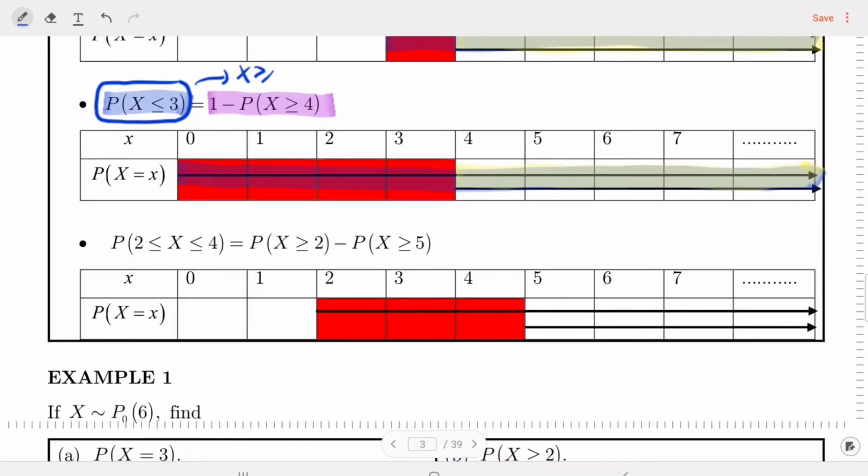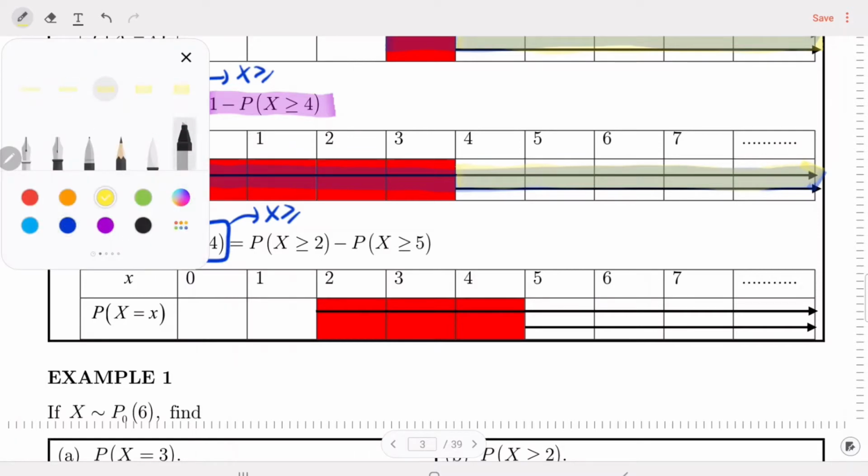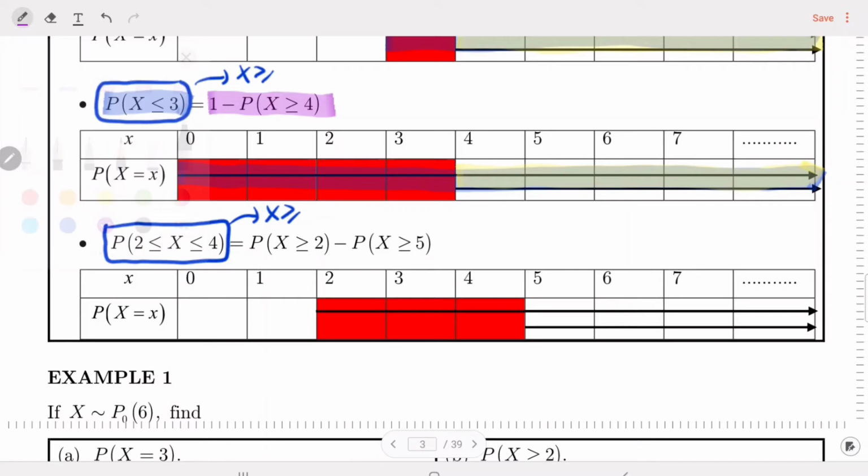The same thing goes for when we would like to find the probability from 2 to 4. We need to change it into X greater than or equal in order to use the Poisson table. So what we're going to do is, we find P(X ≥ 2), and then we minus it with P(X ≥ 5).